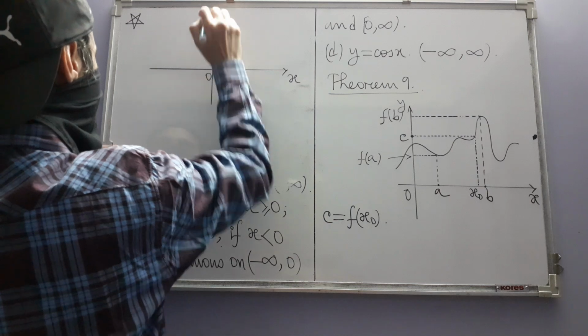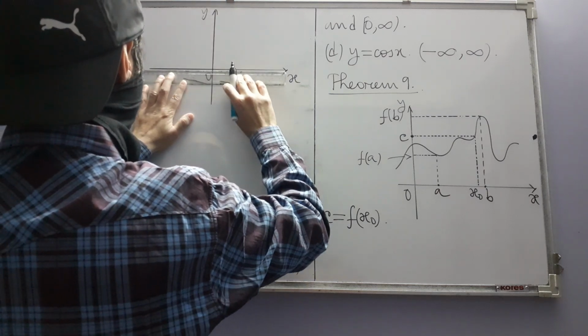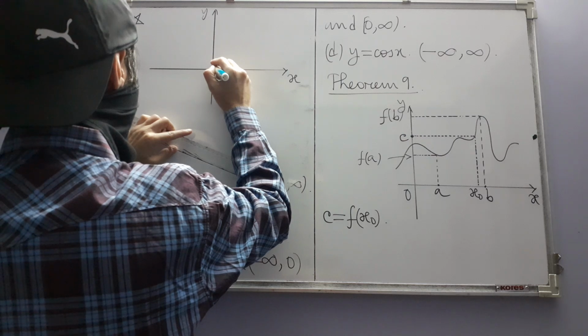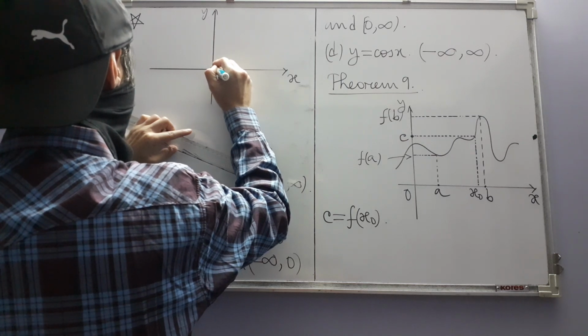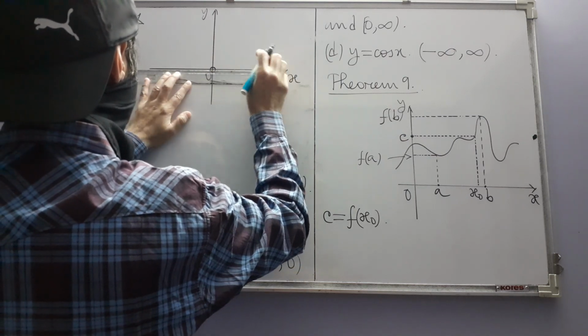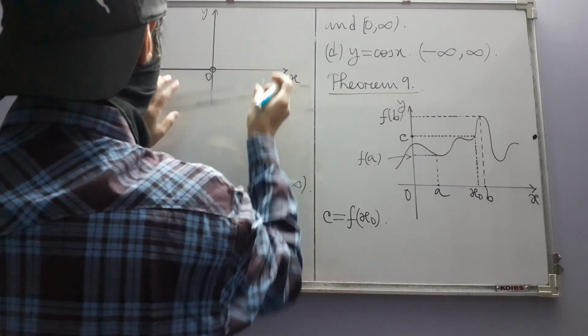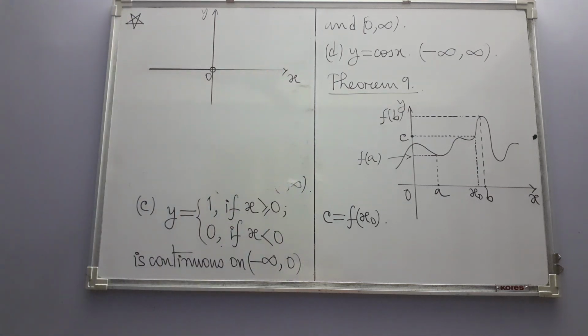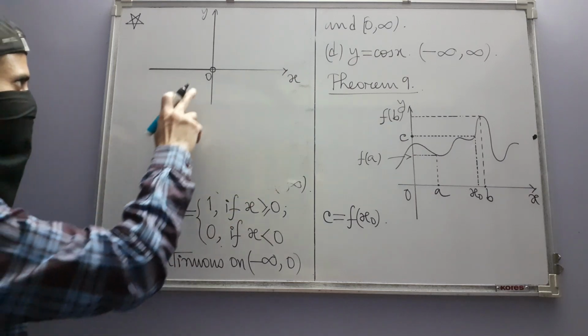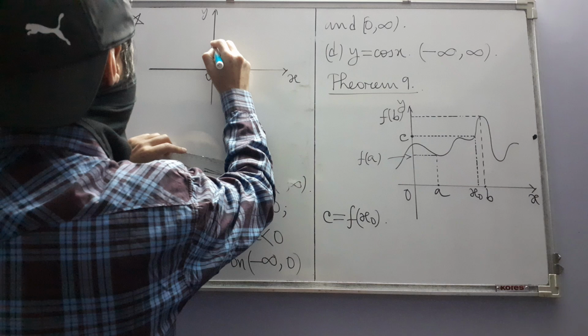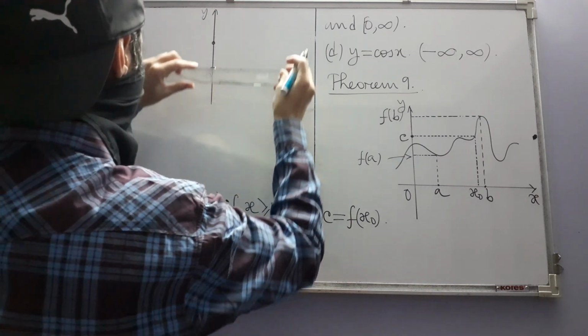We know that on the left side of the origin, the graph is just the x-axis. So I make it a little thick. I don't know if it is visible from there, but this part is the graph. And this is the point 1 on the y-axis.